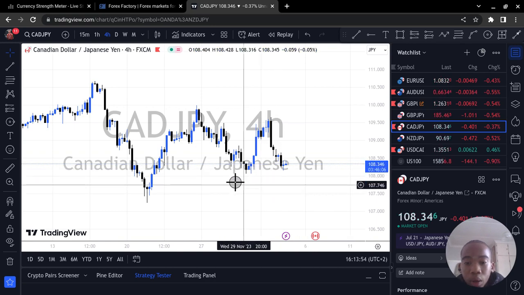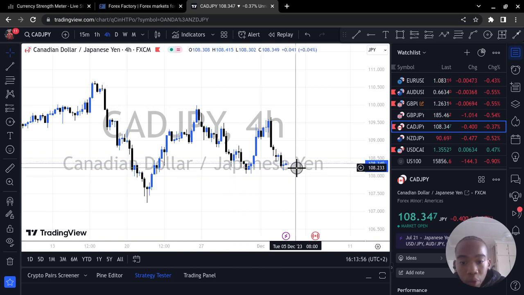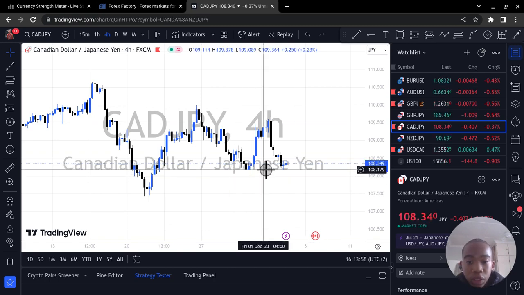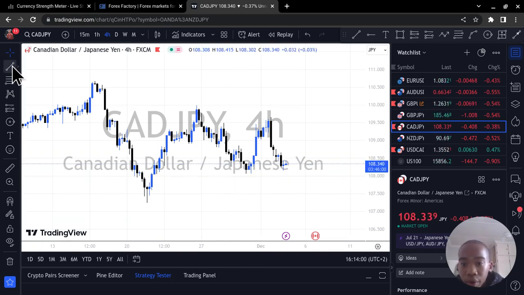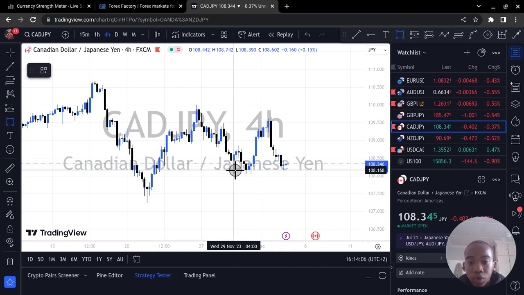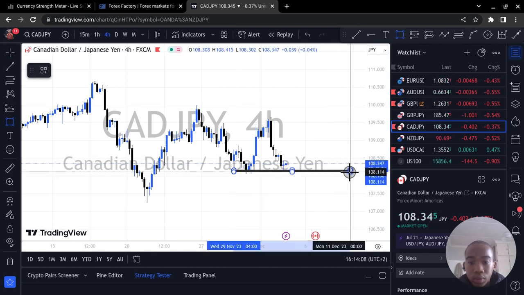Right now, if I was a buyer, I would wait for price to show some rejection off of this support right here. I want to see a rejection right there, you know what I'm saying?